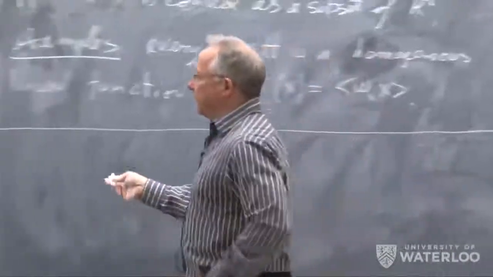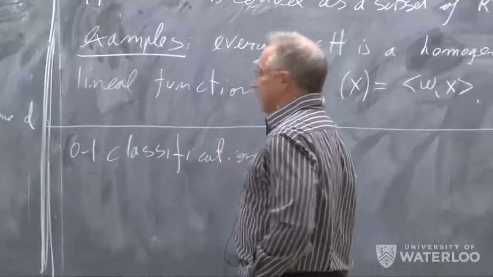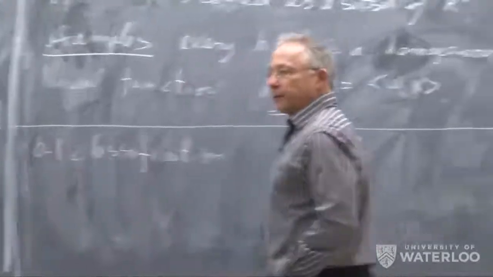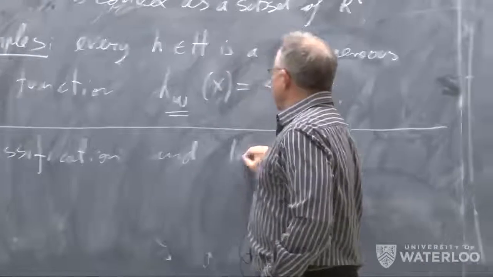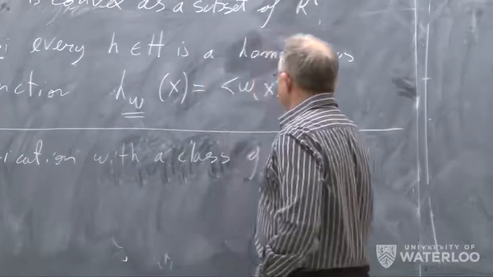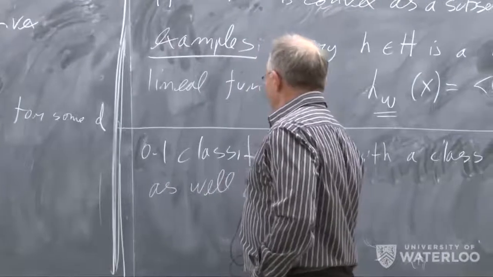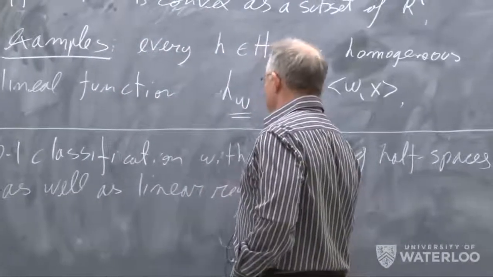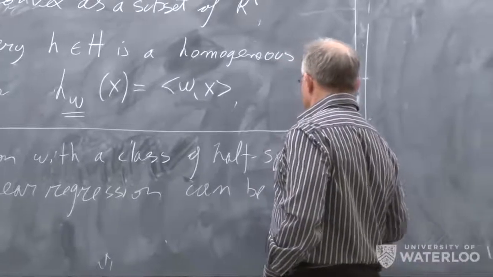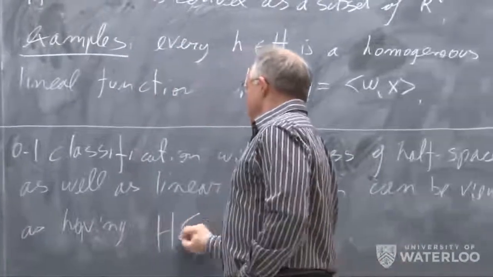So just note that the examples, zero-one classification with a class of half spaces, as well as linear regression, can be viewed as having H as a subset of R^D.